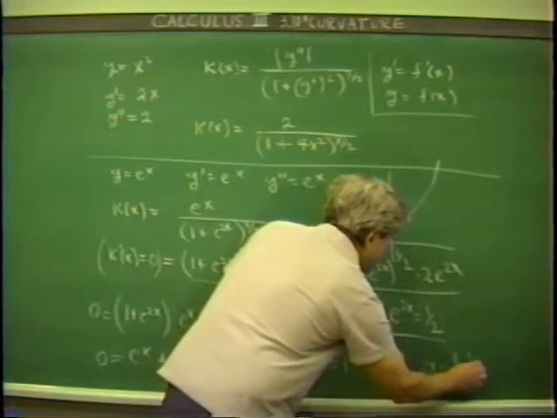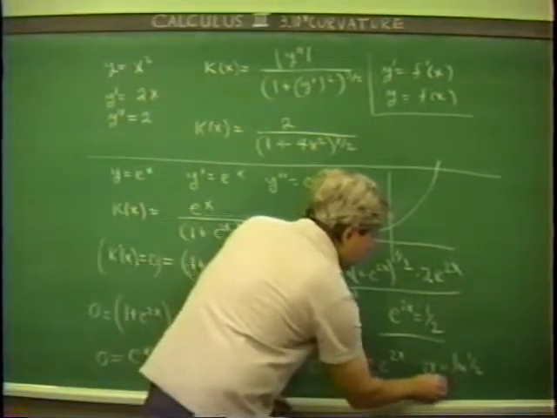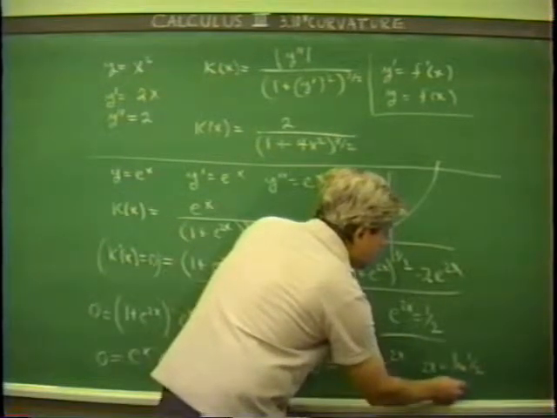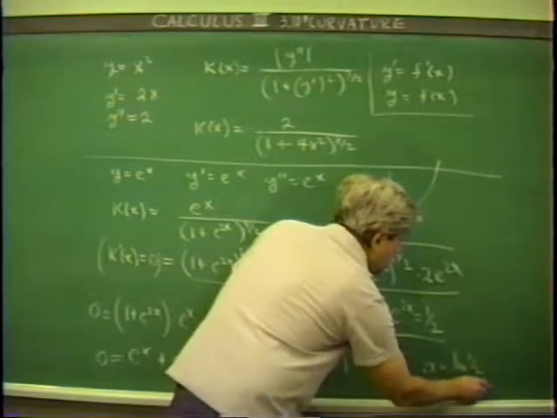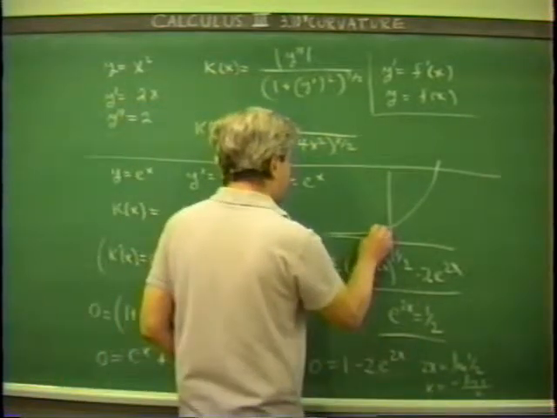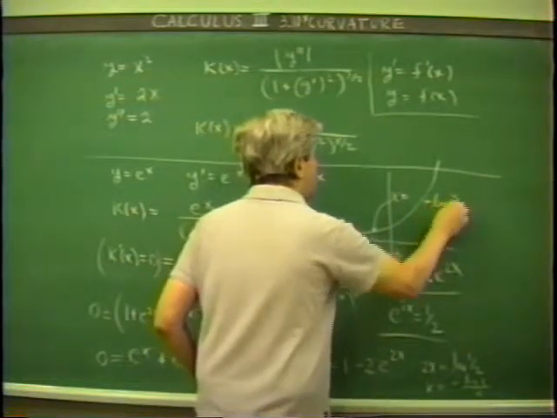Or taking the logarithm, this is true when 2x is log of a half. That's to say when x is equal to, log of a half is minus the log of 2, so this is minus the log of 2 over 2.